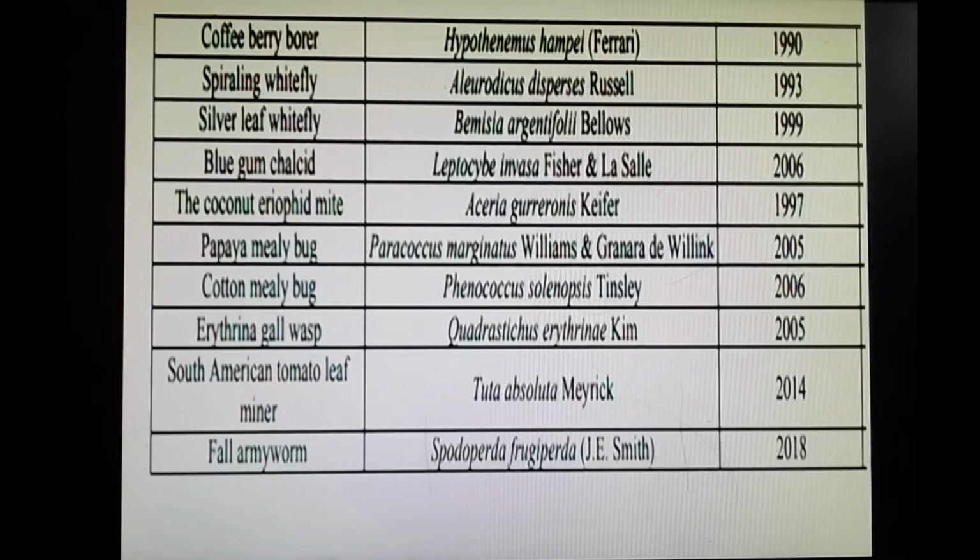Then papaya mealybug, you know it already. India has done the classical biological control against this pest. Then a very recent threat to India, that is fall armyworm, which entered this country in 2018 itself.